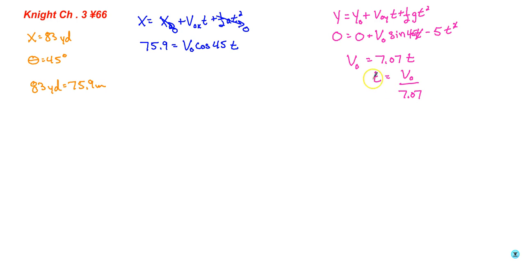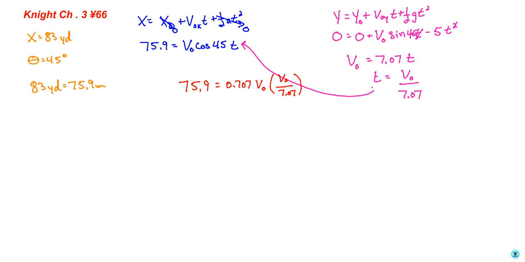Then I'm going to plug this whole bit in for t to get 75.9 is equal to 0.707, which is the cosine of 45, times V sub O, and then t is V sub O divided by 7.07. So that's where we are with that.